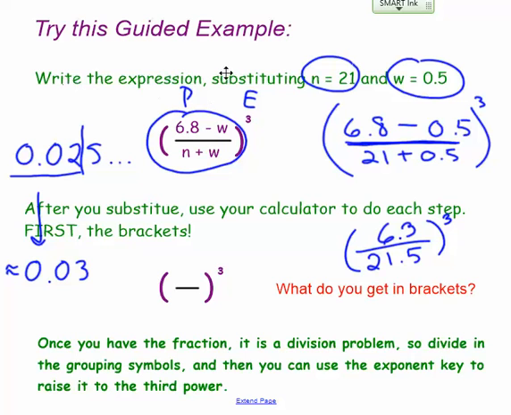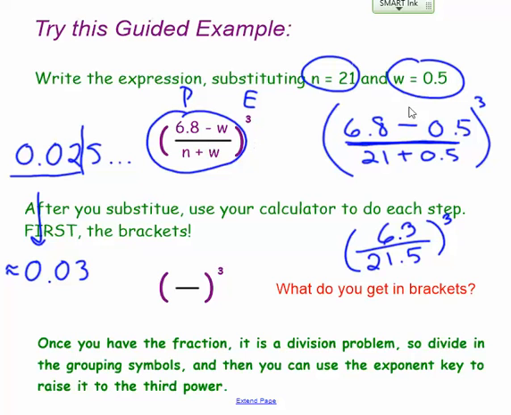Okay, and then we did this guided example. So you have this big variable expression here, and there are brackets, and there's a division problem in the brackets, and within the division problem, there's subtraction and addition. So step by step, remember, this is all in PEMDAS or GEDMAS, whichever, please excuse my dear Aunt Sally, this is one giant grouping that you have to do before you do your exponent.